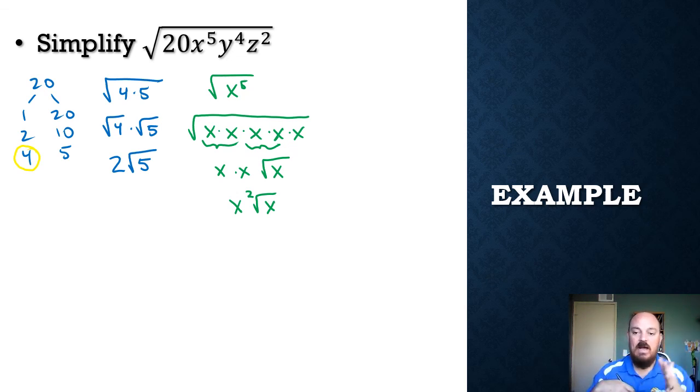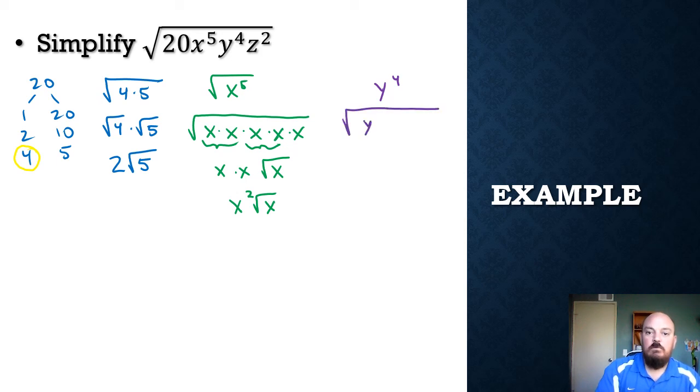My other 2, my y and my z, I should not have a square root left over because they're even numbers. Let's do the y's next. We had y to the 4th power, which would be 1, 2, 3, 4 y's. That gives me a y. That gives me a y.